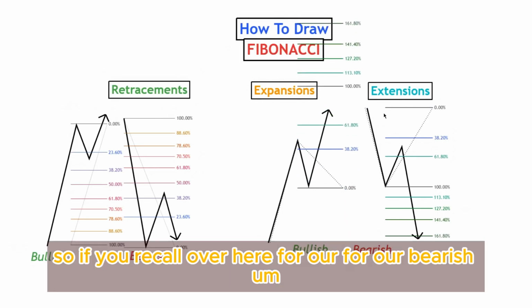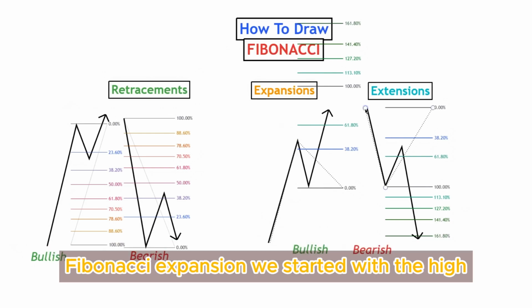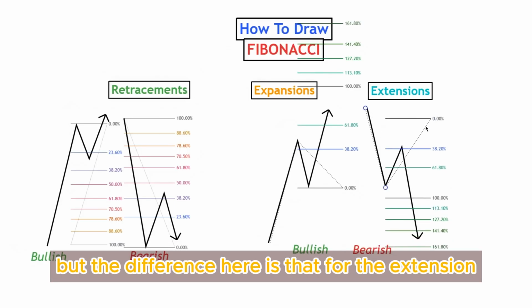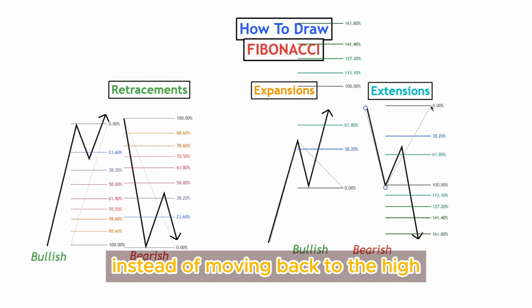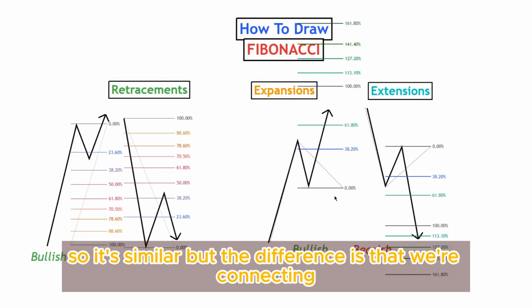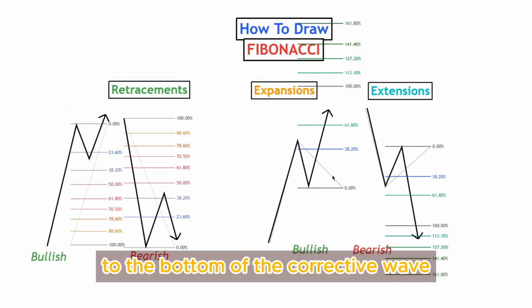So if you recall over here for our bearish Fibonacci expansion, we started with the high, we connected to the low, we moved back to the high. But the difference here is that for the extension, instead of moving back to the high, we're going to move to the bottom of this corrective wave. So it's similar, but the difference is that we're connecting to the bottom of the corrective wave.